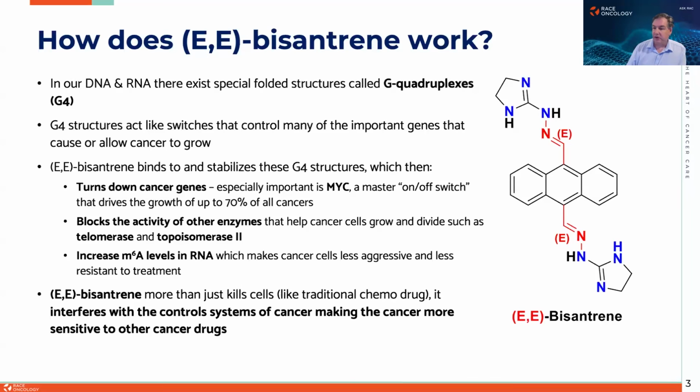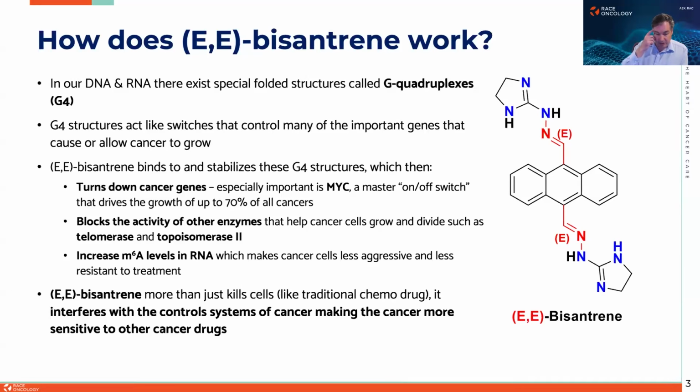And finally, it also explains the influence around m6A RNA, which is really important as well. That's a regulatory system that controls translation, the conversion of RNA into protein inside the cell. When m6A levels drop, cells typically become very aggressive and resistant to treatment. So if you can increase the levels of m6A, you can make the cells less aggressive and less resistant to treatment.